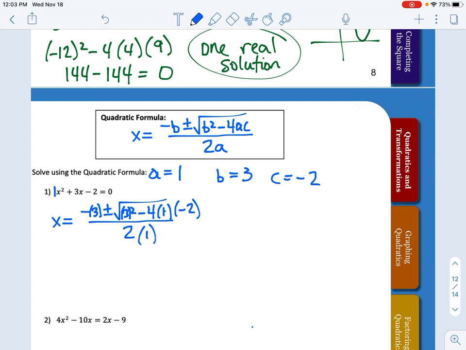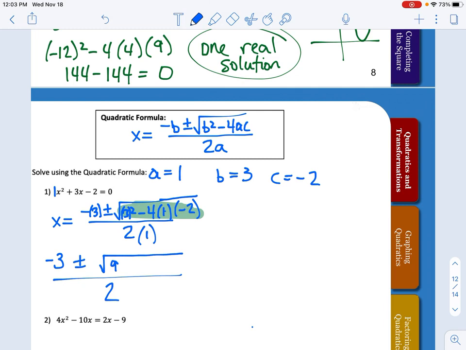So I just replaced my letters with the numbers that correspond. Now, previous lesson we talked about the discriminant. We are once again going to solve within the discriminant first, and then we will finish it out. So I'll simplify within the discriminant, but bring down the rest of my information like such.